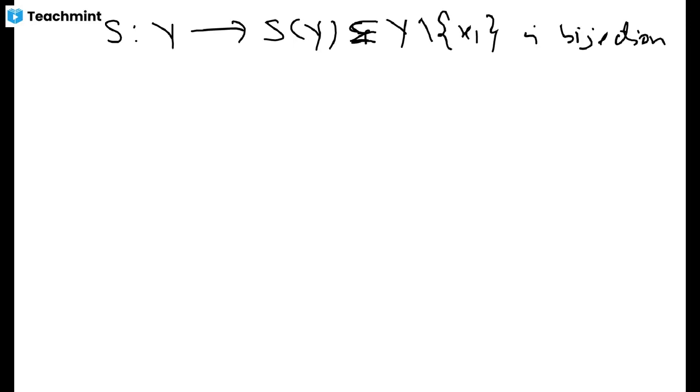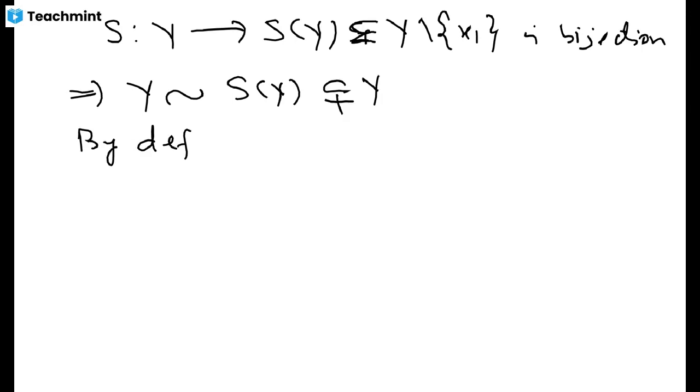So it's a bijection. This implies that Y is equivalent to S of Y, and S of Y is a subset of Y minus {x1}, which is a proper subset of Y. That means Y is equivalent to its proper subset. When it is equivalent to its proper subset, by the definition of an infinite set, it follows that Y is an infinite set.